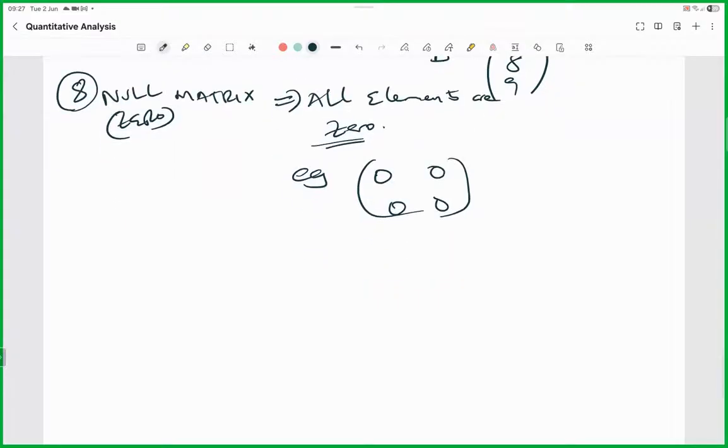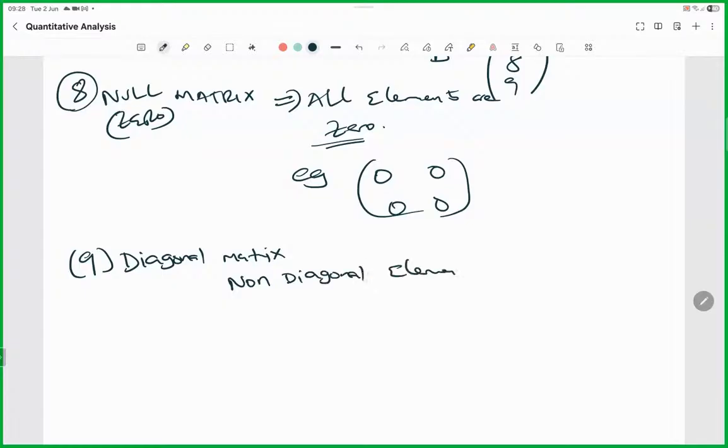There are so many. We have, for example, a diagonal matrix. These are the same as scalar matrix, no? The most important thing you're supposed to know under this diagonal matrix is that non-diagonal elements are 0. The main diagonal elements don't have to be 0.